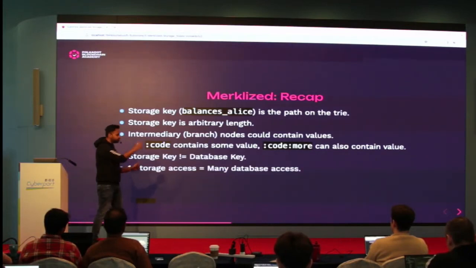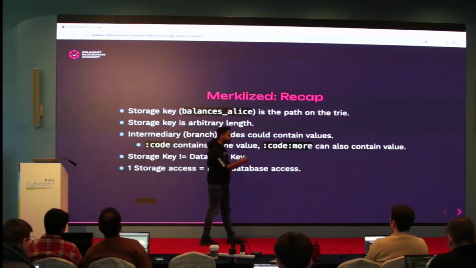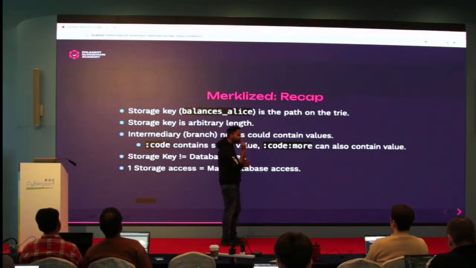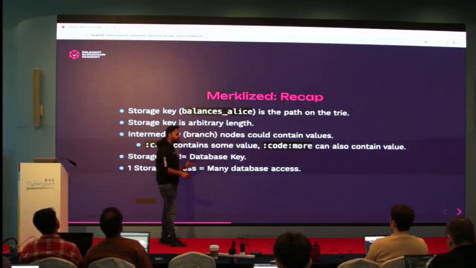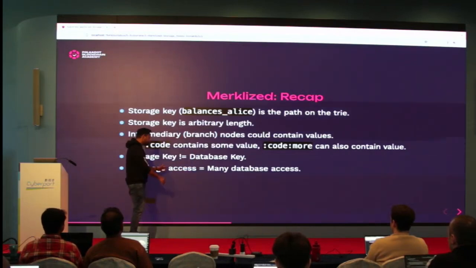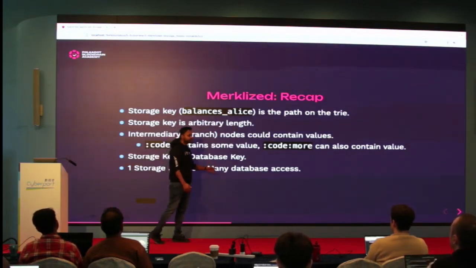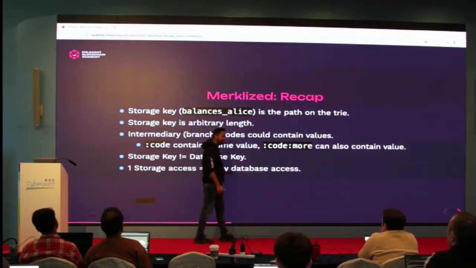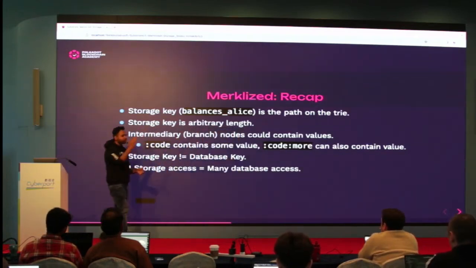And when you do something like sp_io storage get balances underscore ls, it's not one database read. It could be multiple database reads. Unless you're doing a state root read, it's never one database read. It depends on how many times you have to hop.